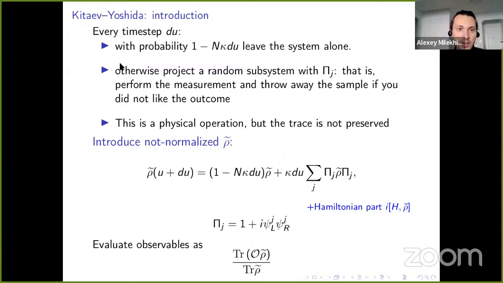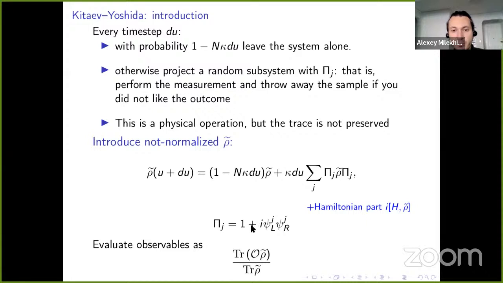So there is this two-step dynamics. It's represented by this equation. At time u plus du, with this probability, you don't do anything. So you just leave this sample alone. Otherwise, you pick up one of the subsystems.